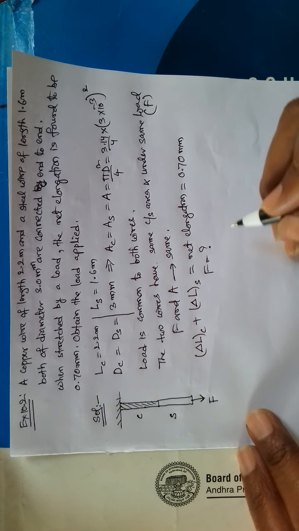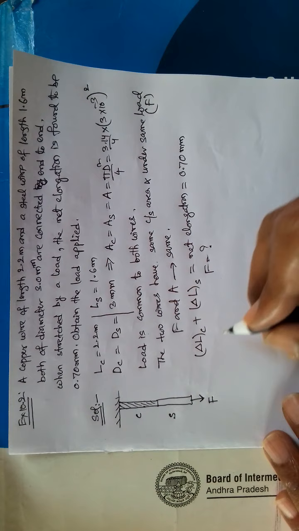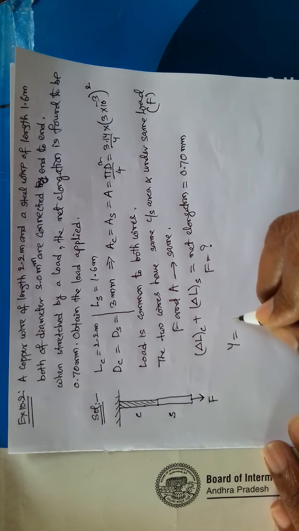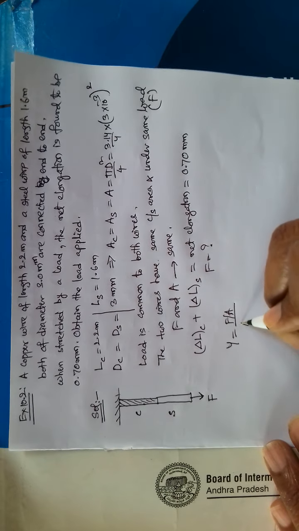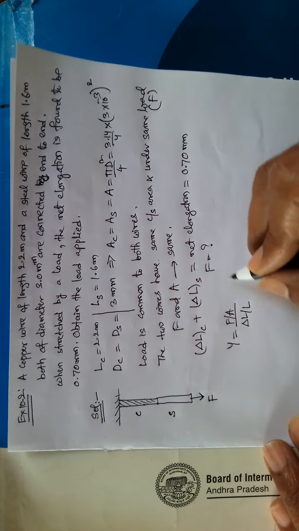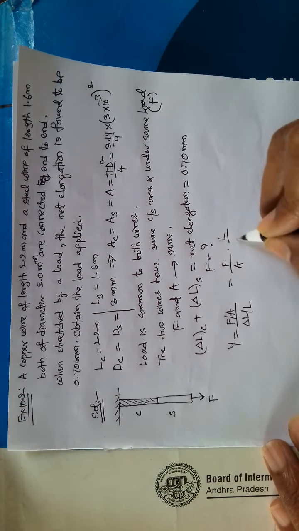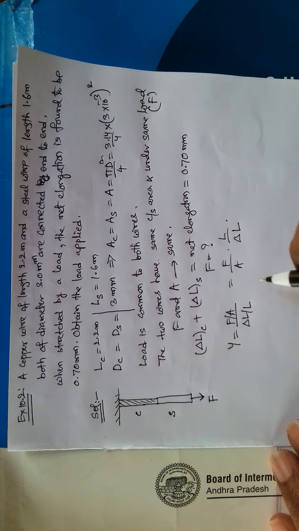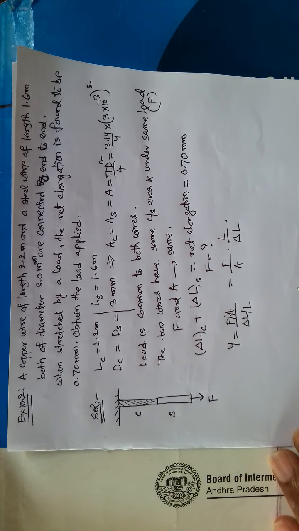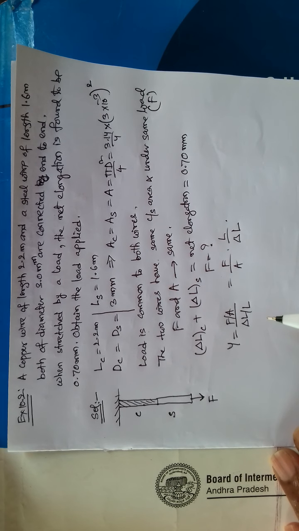Now let us write the formula for Young's modulus. Y is equal to F by A divided by delta L by L, or F by A into L by delta L. Now in this problem, force and cross-sectional area are the same for copper and steel wires.